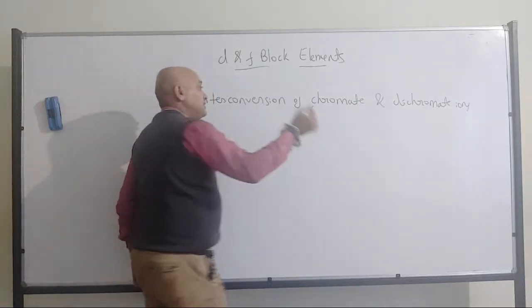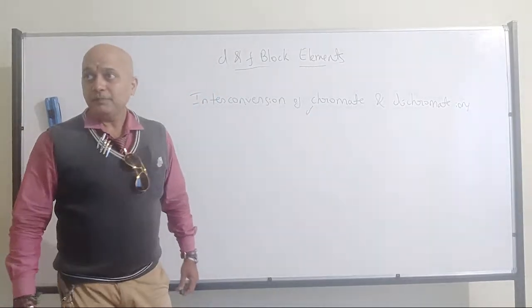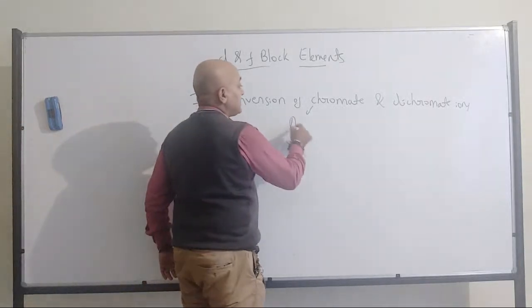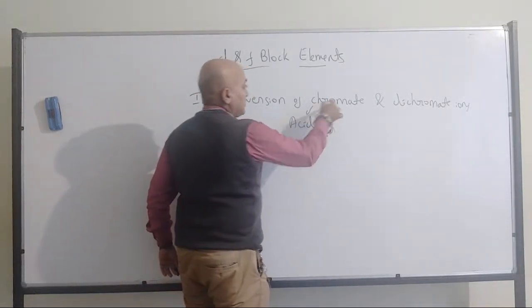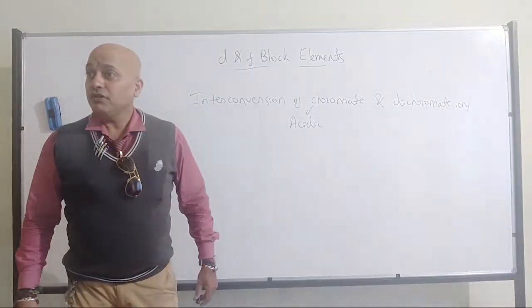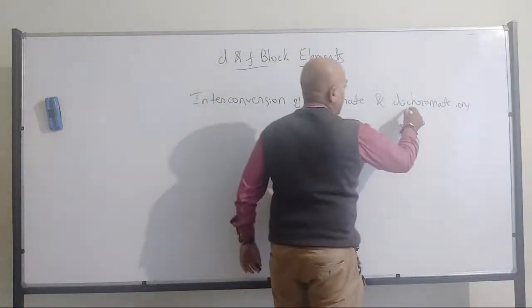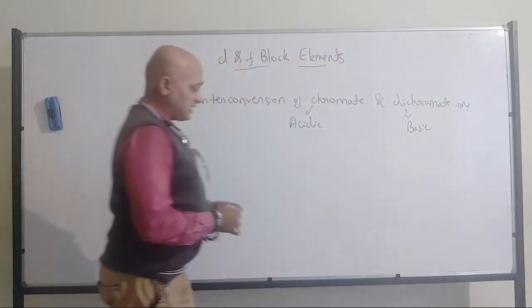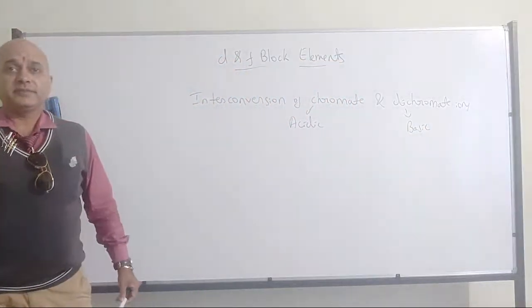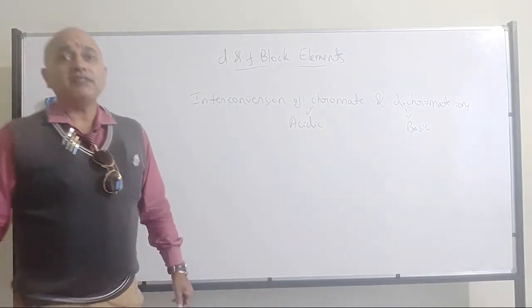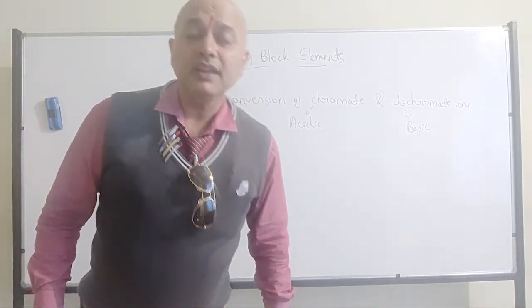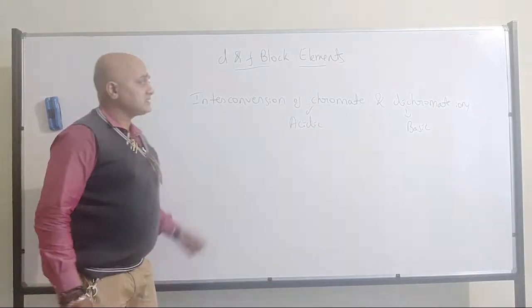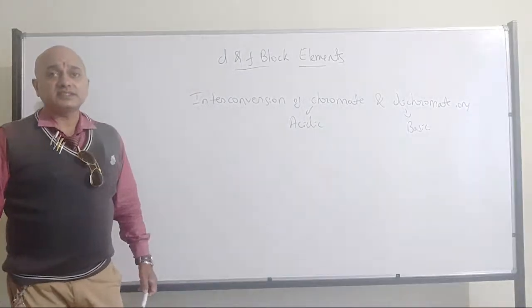There is an equilibrium depending on pH. Under acidic condition, chromate will get converted into dichromate, and under basic condition, dichromate will get converted into chromate. Right? So that's what we have discussed. Potassium hydroxide or sulfuric acid.